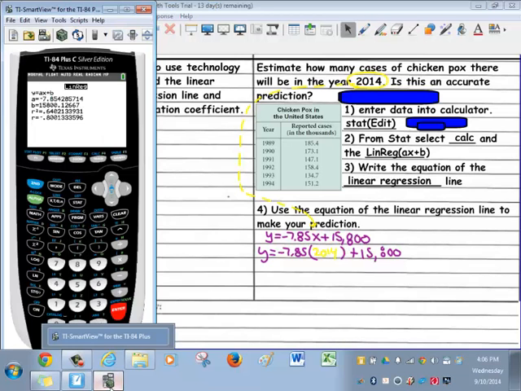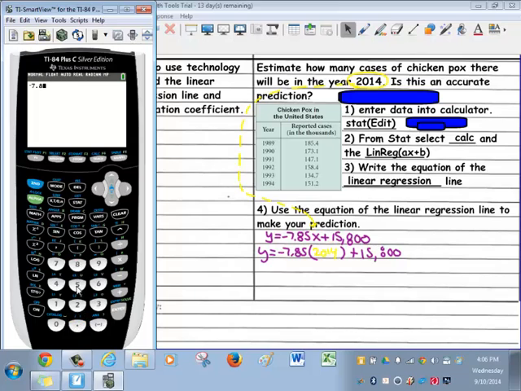So let's put that in. We got negative 7.85 times 2014 minus 15,800. Did I put too many? Yep, I definitely did. 15,800.